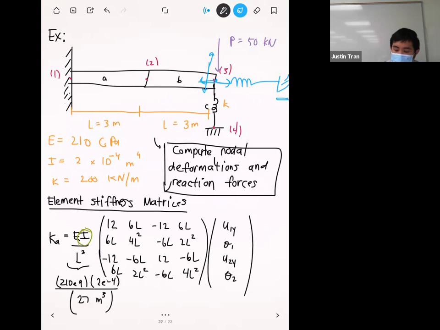But the spring wants to go left and right, and so there's a mismatch between these two. If you had a situation like this, for element B right here, you would either have to use a frame element, which can deform in all different ways, or this B element would have to be a truss, so that it can actually compress and expand. But because we're assuming the beam can only go up and down, there's going to be a mismatch if the spring was horizontal.